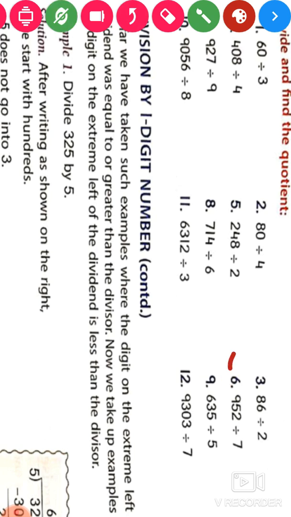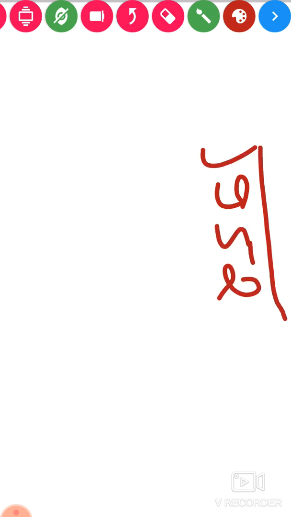Question number 6 is 952 divided by 7. Now look at this question very carefully. So we are having 952 divided by 7. Okay.